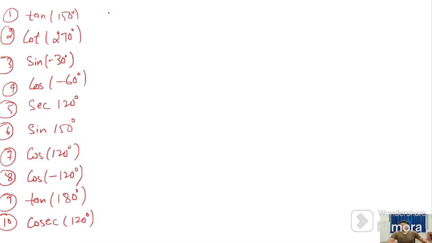the quadrant properties. So for the first question, it is tan 150 degrees. 150 lies in the second quadrant, so tan in the second quadrant will be negative. Tan 150 is tan of 90 plus 60 degrees.